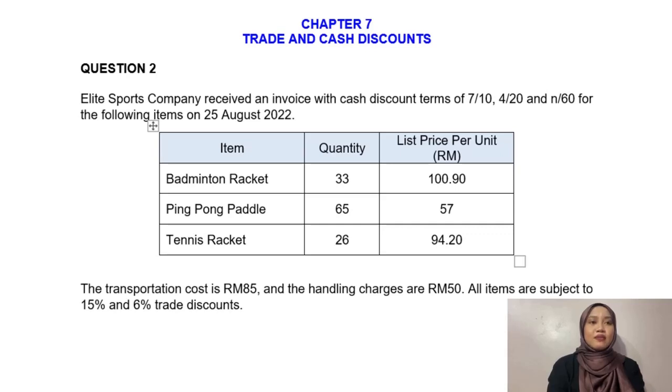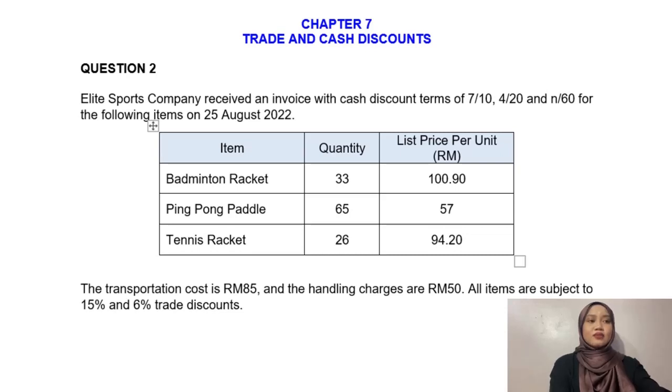The second item is ping pong paddle with 65 quantity and the list price per unit is RM57. The last item is tennis racket with 26 quantity and the list price per unit is RM94.20. The transportation cost is RM85 and the handling charge is RM15.